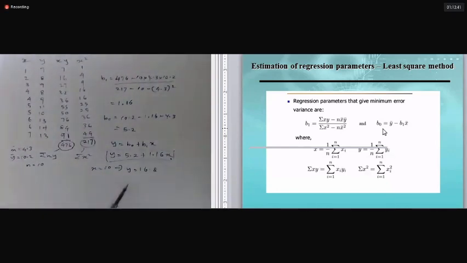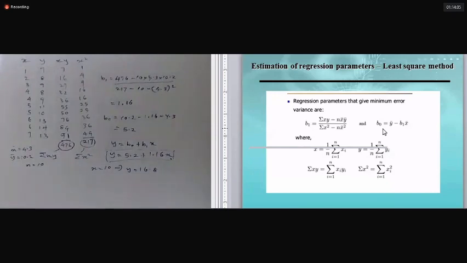So this is the procedure. We get the data set, then we estimate the line of best fit, and using this equation, we can find the values of y for values of x outside this range.